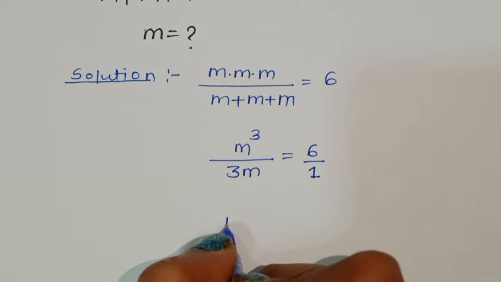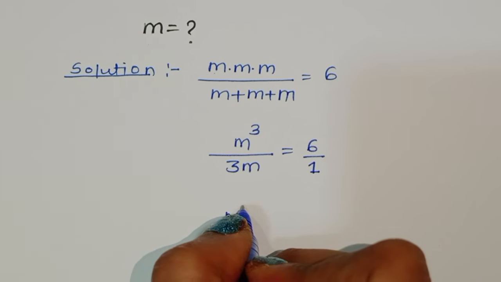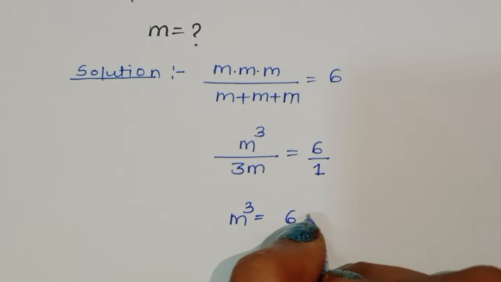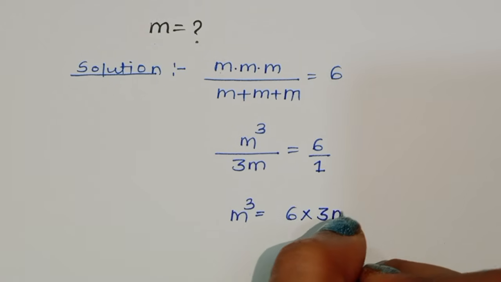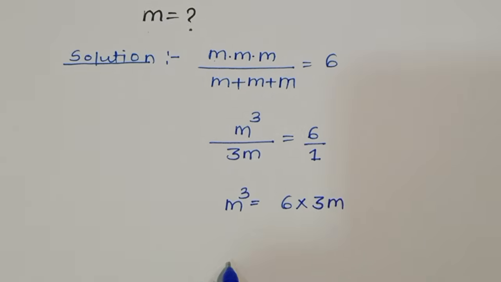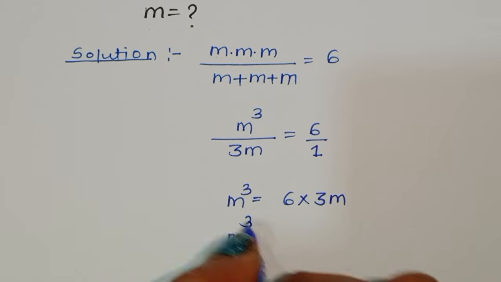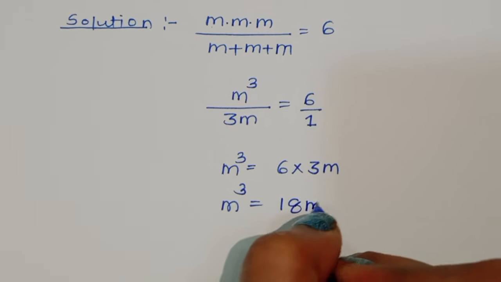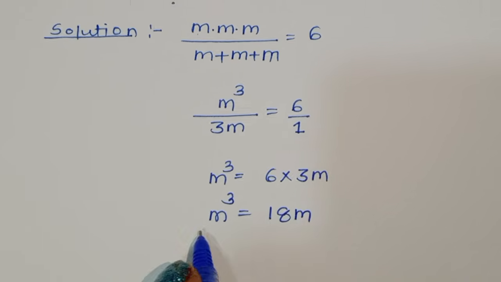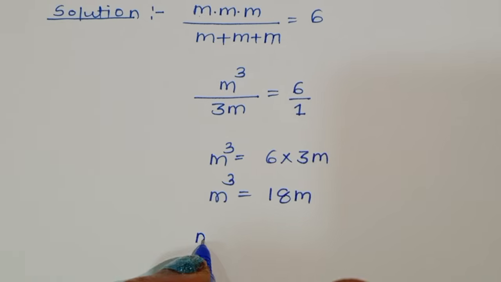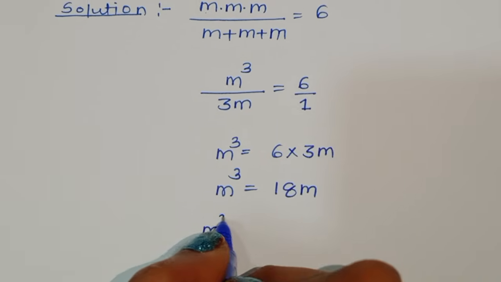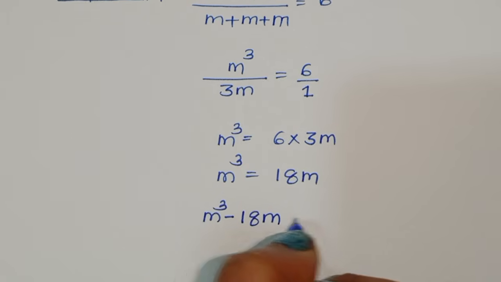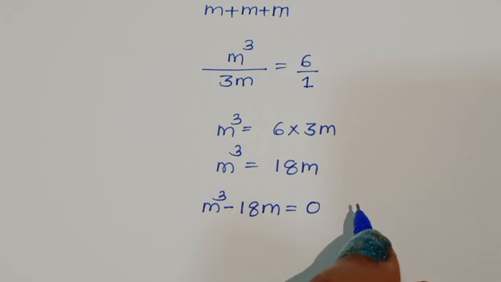After cross multiplication, we get m cube is equal to 6 times 3m, right? 6 3s are 18m. Now m cube is equal to 18m, so we can convert this equation this way: m cube minus 18m is equal to 0.